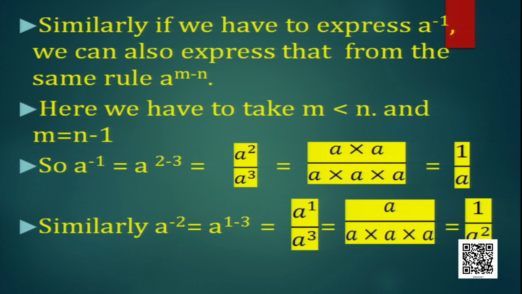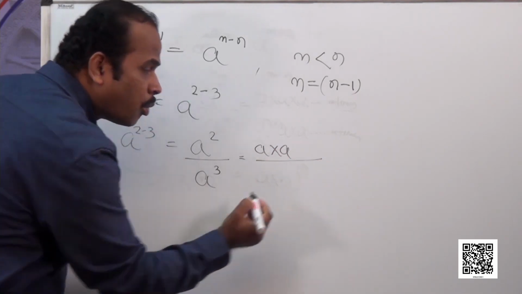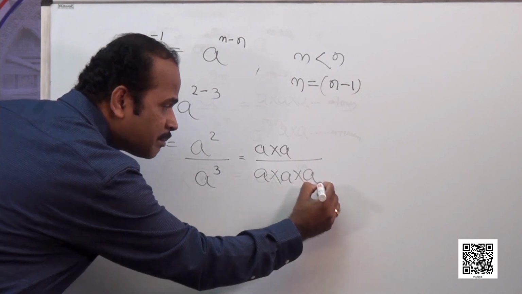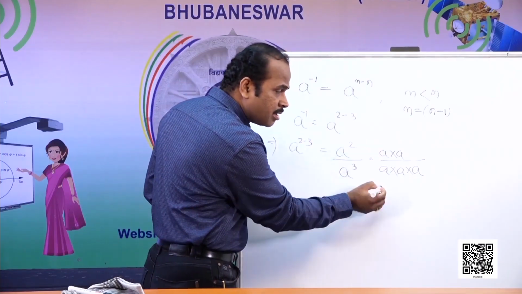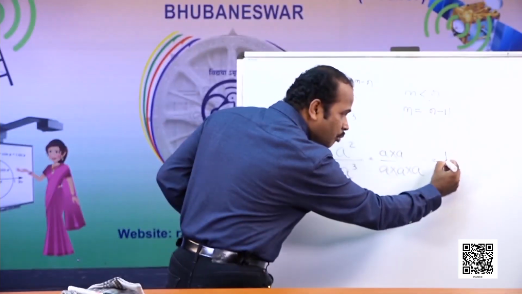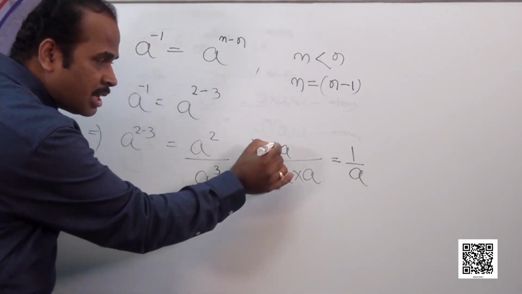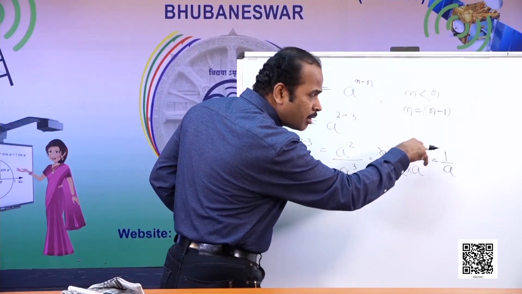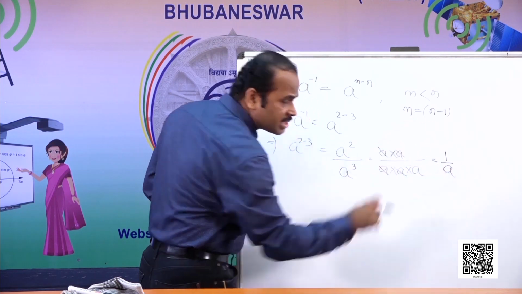Opening this expression, we'll find there are 2 a's in the numerator while there are 3 a's multiplied in the denominator. Now cancelling these factors from the numerator and denominator, I will finally find the answer is 1 by a, because this a will be cancelled with this a, and in the numerator nothing will be left, only 1, and in the denominator only one factor will be left, that is a.